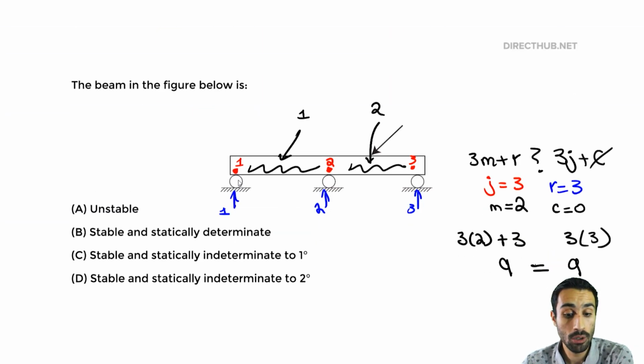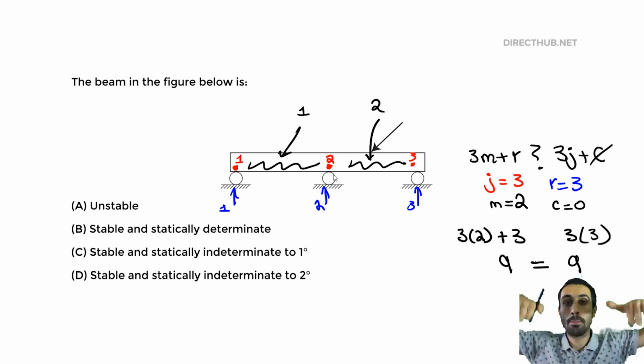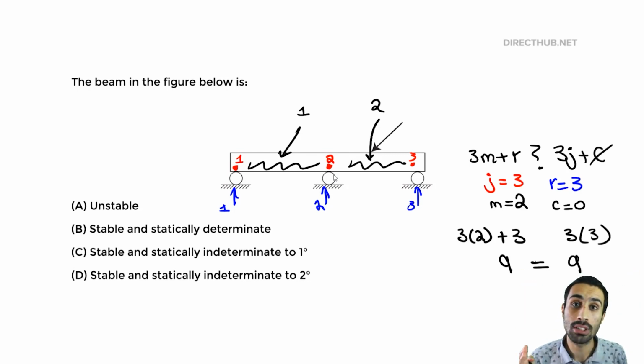So now, if we look at this one, we have 3 reactions, and you notice that these reactions are all parallel. They're all parallel. Anytime you see the reactions being parallel, it's unstable.